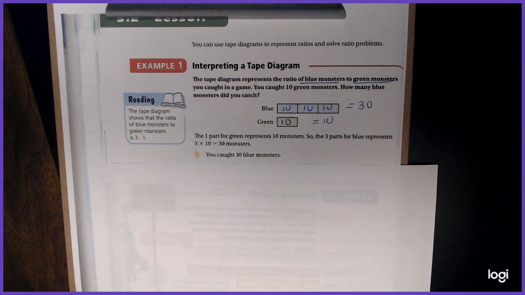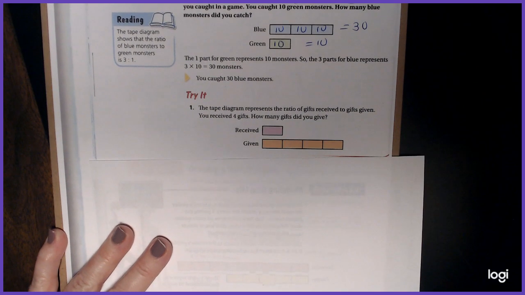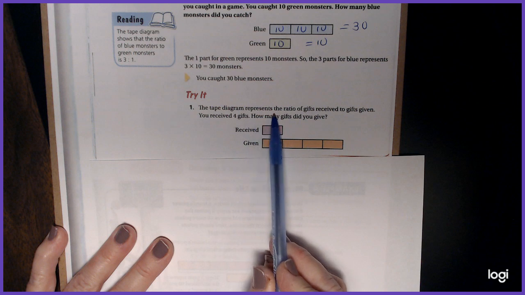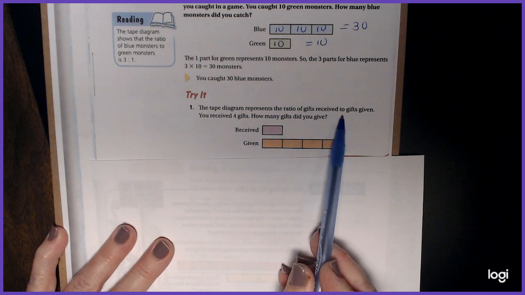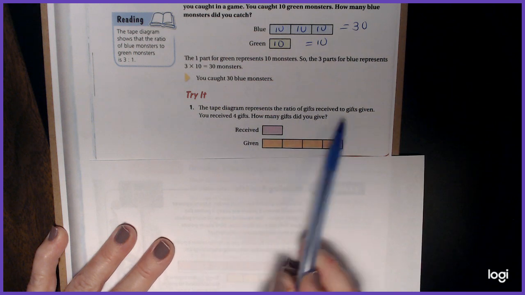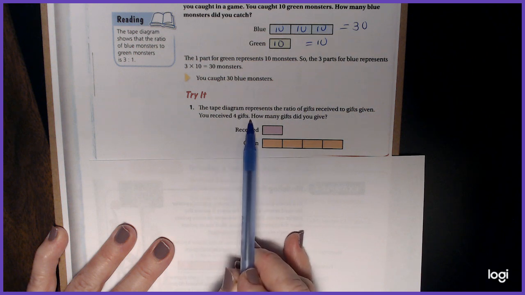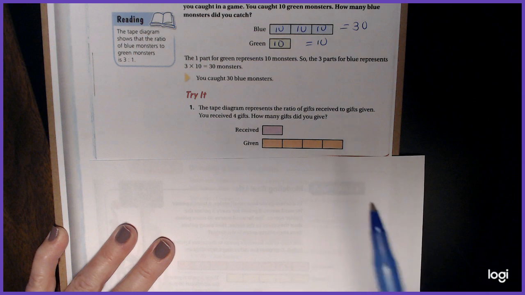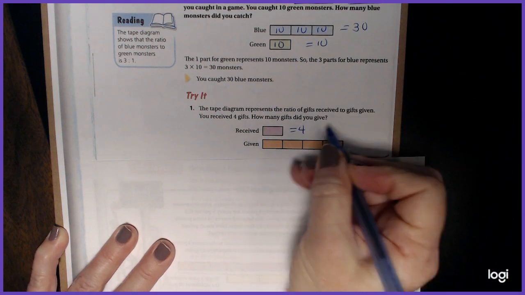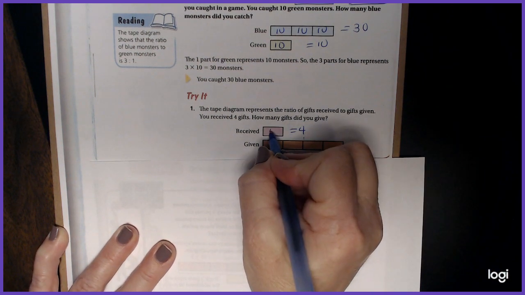All right, let's look at another example down here. It says the tape diagram represents the ratio of gifts received to gifts given. You received 4 gifts. So if I received 4, this one here has to equal 4. Well, there's only one box.